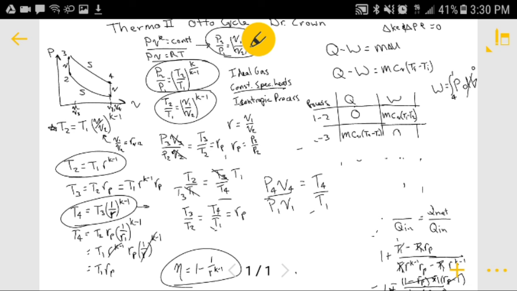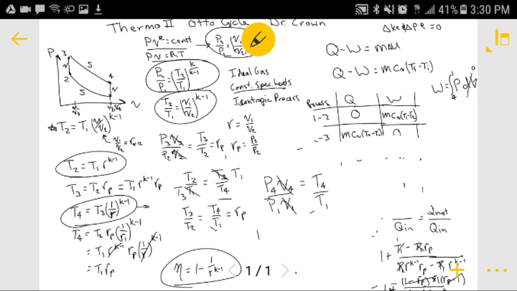So before I had V4 over V3, but those weren't the same volumes. But V4 over V1, if you look back at the PV diagram, you'll see those are the same specific volumes. That's what I was trying to do. And so I have that T4 over T1 is equal to P4 over P1.